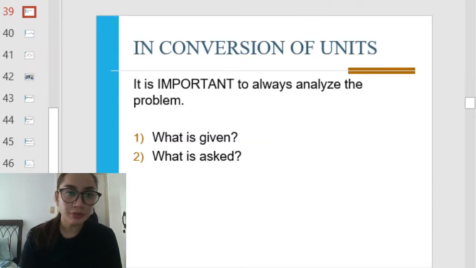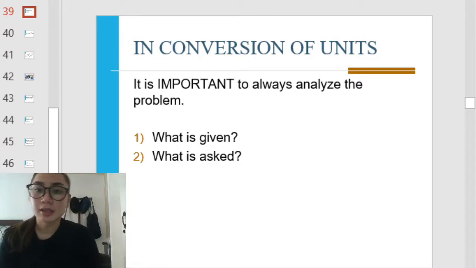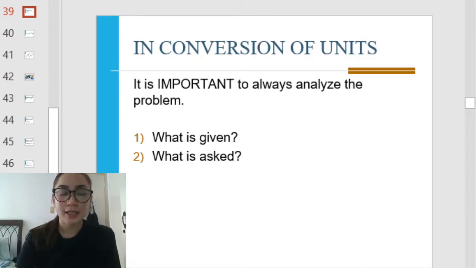Okay, so in conversion of units, it is important to always analyze the problem. Always ask these two questions. What is given? In a problem, pwedeng ibibigay na sa inyo yung value in grams or in moles.